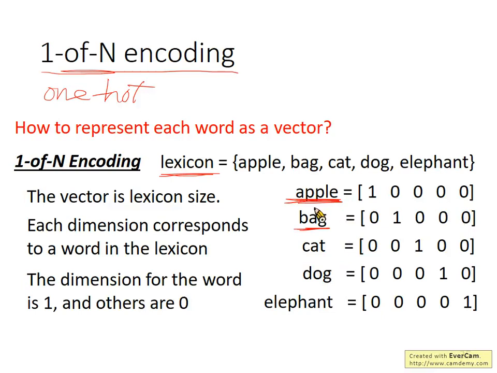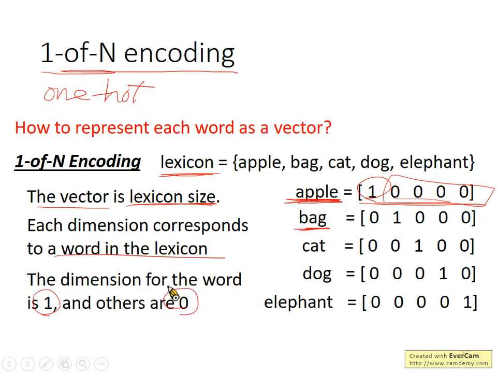In this vector, only one dimension is unity, and all other dimensions are equal to 0. The length of the vector is the lexicon size, and each dimension corresponds to a word in the lexicon; the dimension of the word is 1 and the others are 0. So this is the simplest representation of a word. We can use one-of-n encoding.